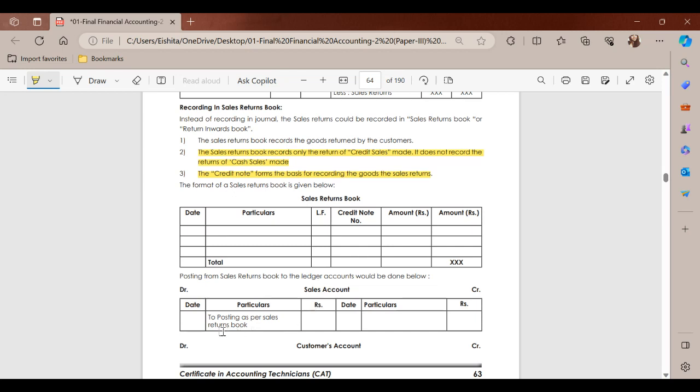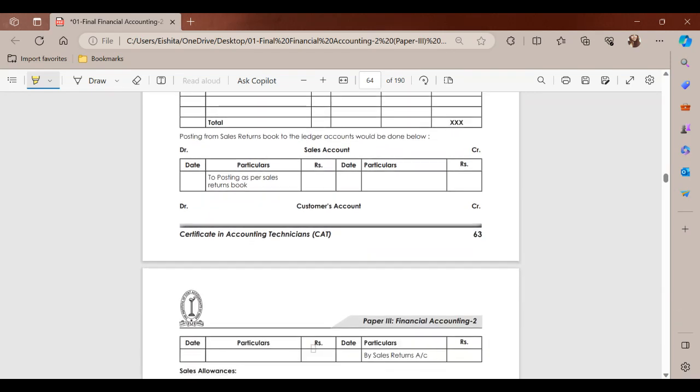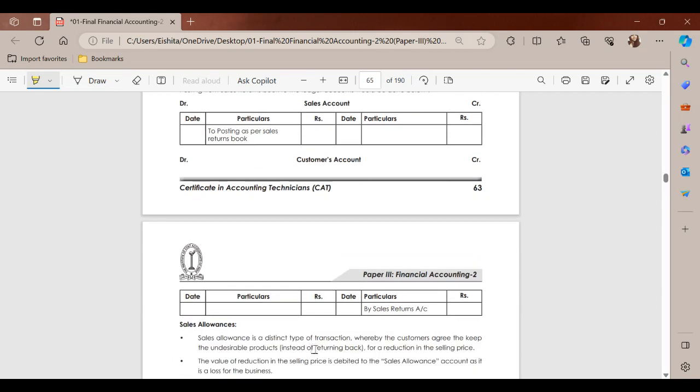Sales return posting as per the sales return book, in rupees. Suppose you receive 10 entries on 9th of June, it will have the total of 10 entries in the sales return book. And the balance is the customer.